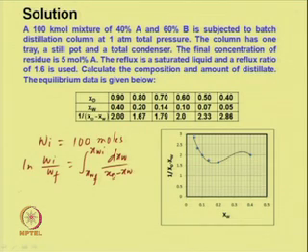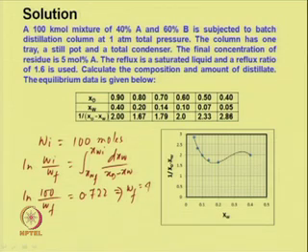So, here we can substitute ln of 100 by W f equal to 0.722, and from here we can calculate W f as 48.59.